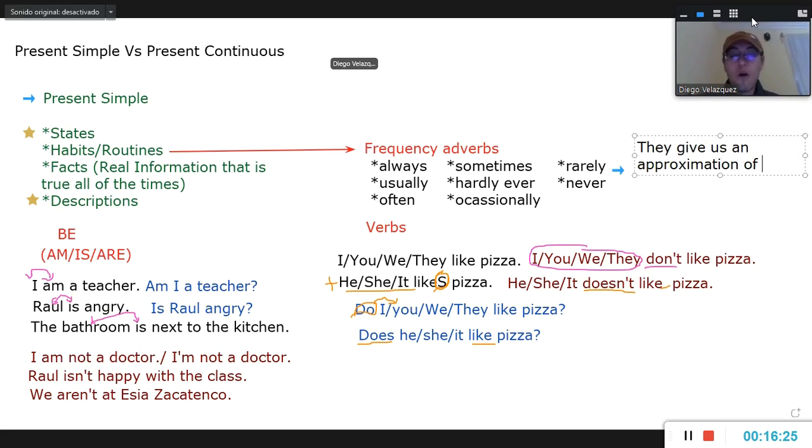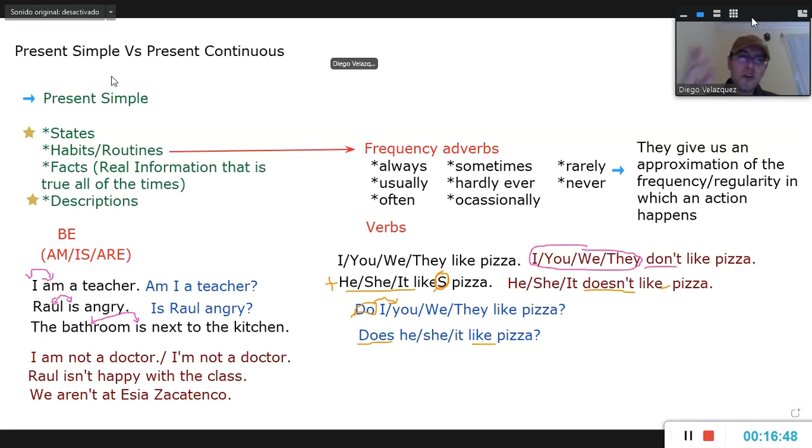Approximation of the frequency or regularity in which an action happens. So they are not very specific, but they more or less tell us it is a very big frequency, a more or less frequency, or a very small frequency, right?